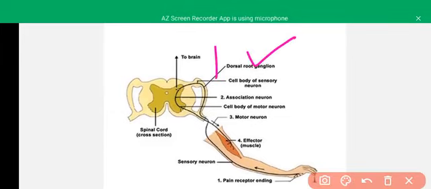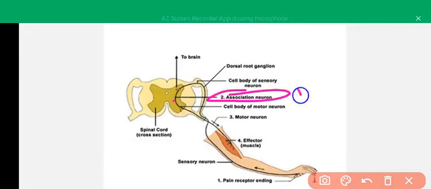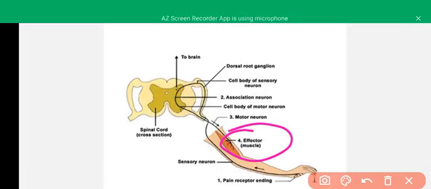A dorsal root ganglion is for sensory impulses and it synapses with interneurons. Here are also associated neurons or interneurons in the brain or spinal cord. Here they are in the spinal cord and it synapses with the motor neurons. It again makes synapses with the motor neurons, and at the other side it gives the neuromuscular junction to the muscles. It is our effector in this way, and we feel pain.